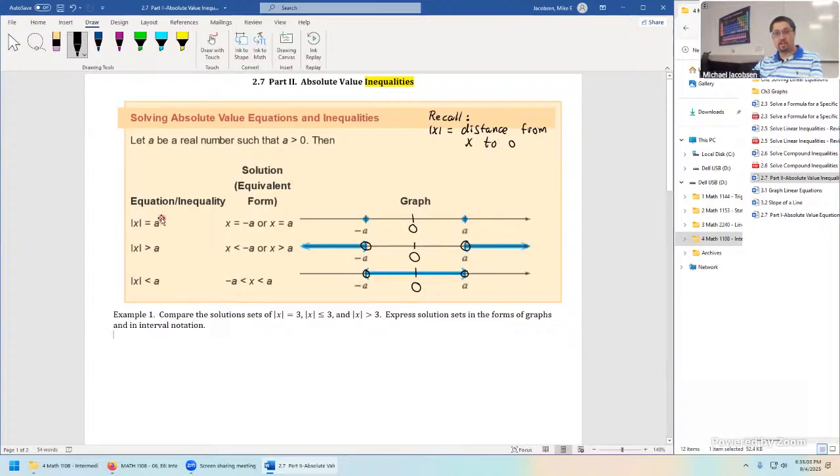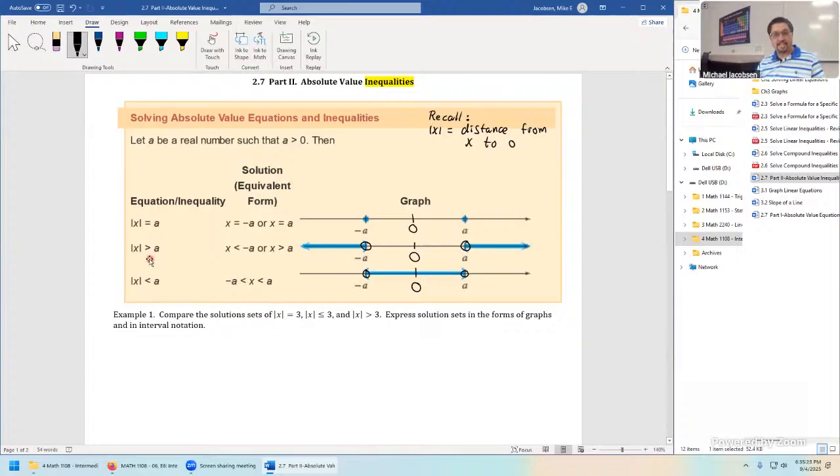On the very first one, absolute value of x equals a, we're saying it's only 2 points because these are the only 2 points whose distance away from zero is exactly a. And we'll reduplicate those comments and write them out on our example below.